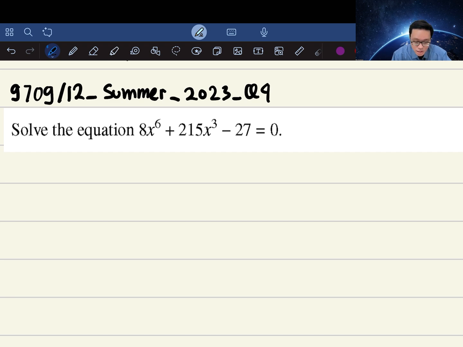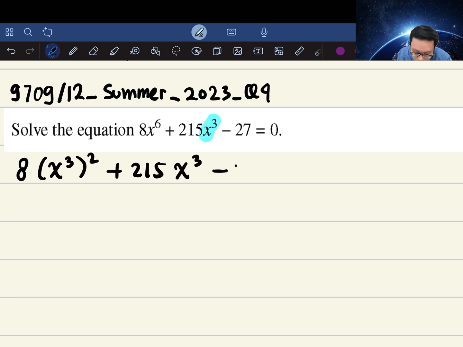Now from here, we can just look at the equation. Look at the smallest power, which is x^3. So we can change this into 8(x^3) squared. It becomes 8x^6 plus 215x^3 minus 27 equals 0.